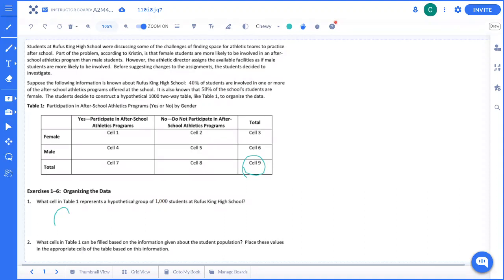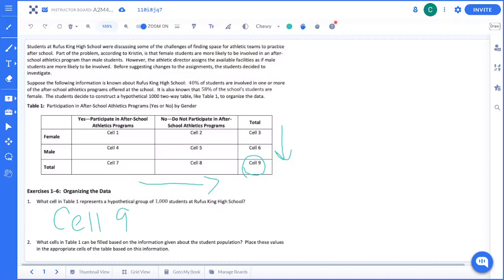So we'd have to say cell 9 is equal to 1,000, which means cell 7 and 8 have to total 1,000, and cell 3 and 6 equal 1,000.